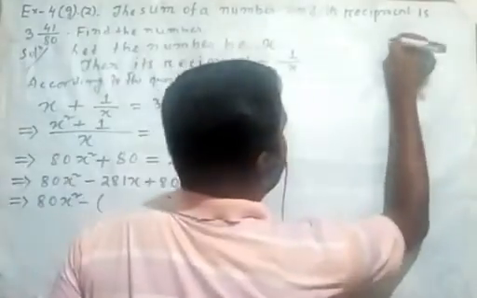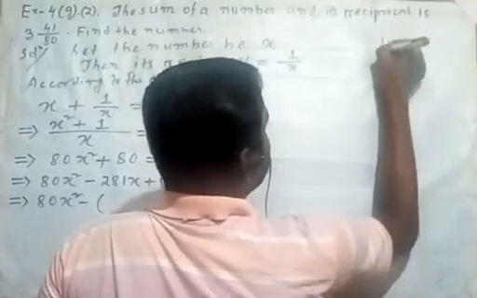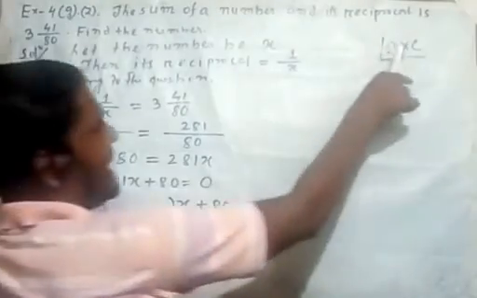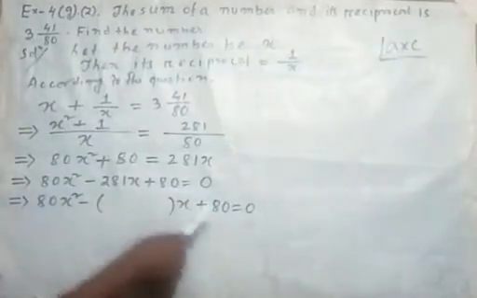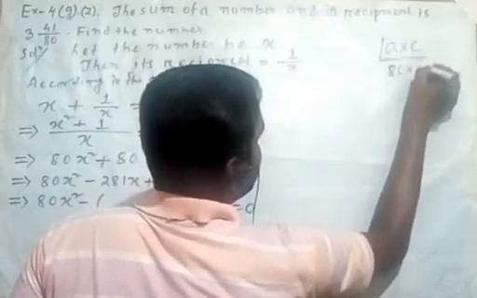So what is the formula? A into c, then we have to take the HCF. So 80 into 80.